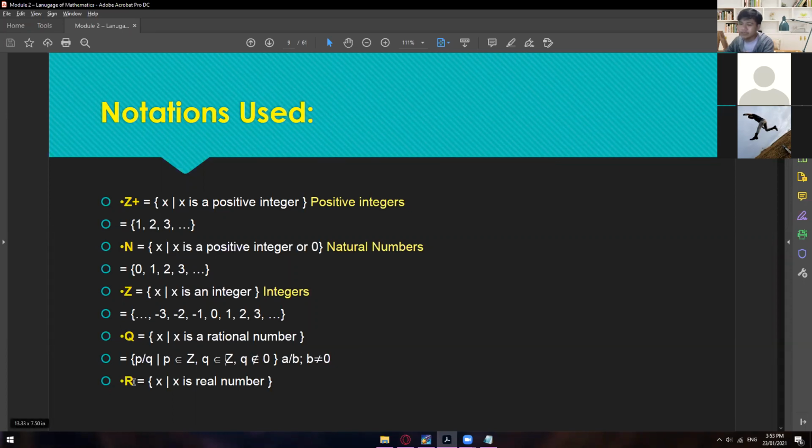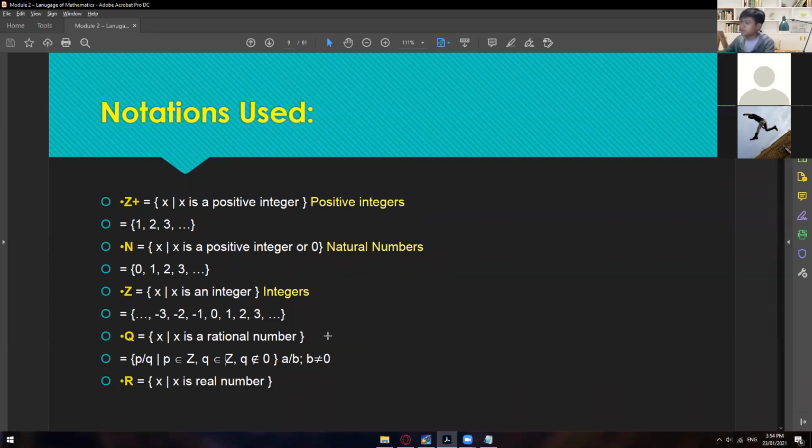And then the last one here is the R, which is the real number. Can you guys tell what the real numbers are? What is a real number? Anyone? Hello?